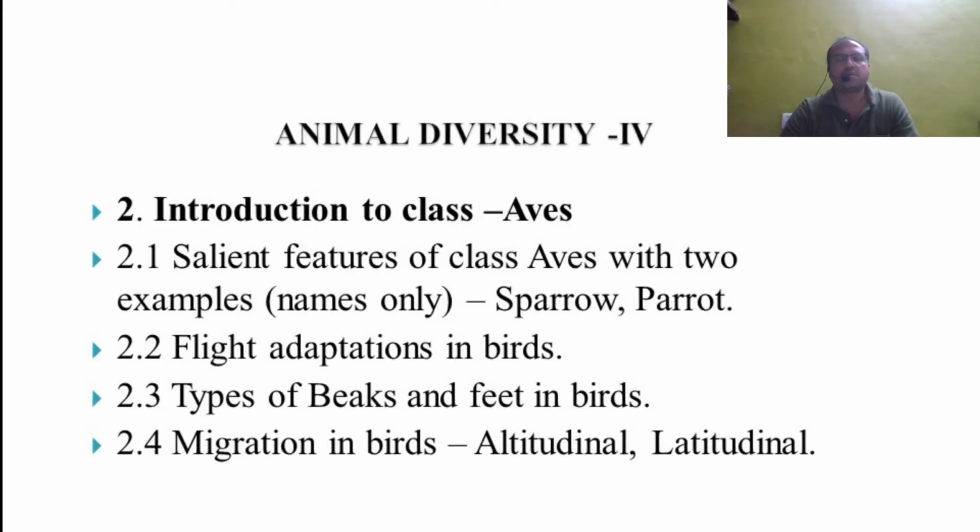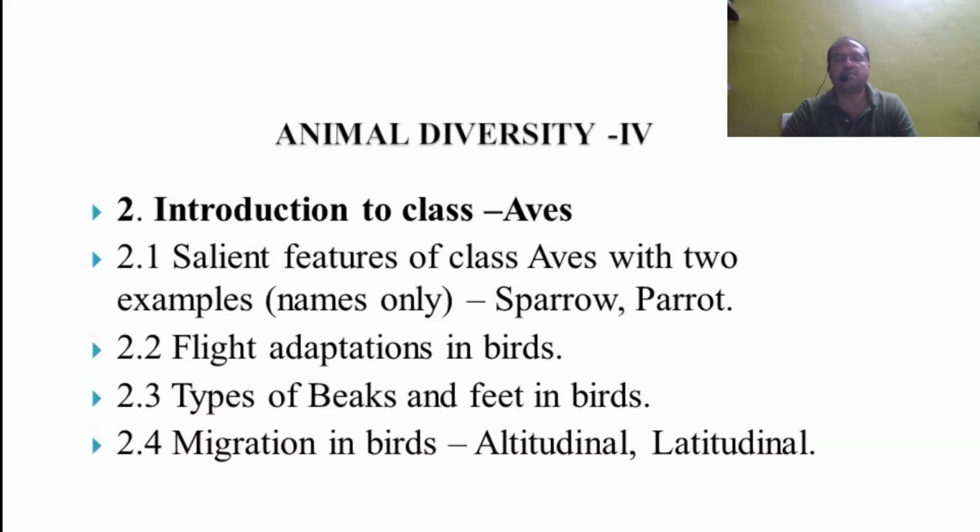After the class Reptilia, the next class is Aves, which are also called birds. In this second topic, the first unit is salient features of class Aves with 2 examples. Here also only the names are expected, like sparrow and parrot.